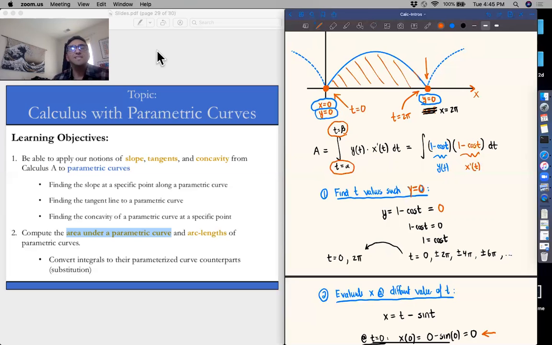So remember, we basically asked ourselves, we know something about those points. We know their y values. By finding the y values, how can we get the t values associated with those specific values of y? And then we just said, what do the x values look like at some of those t values, to make sure we're at the points we think we are along that particular parametric curve.